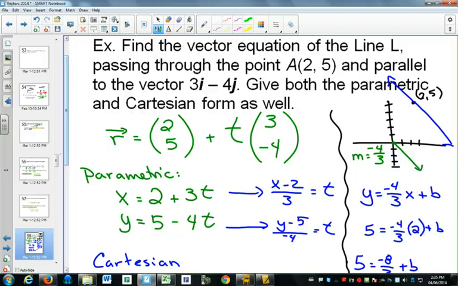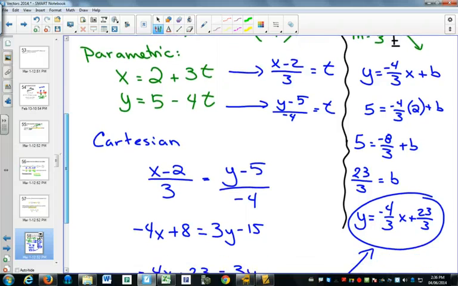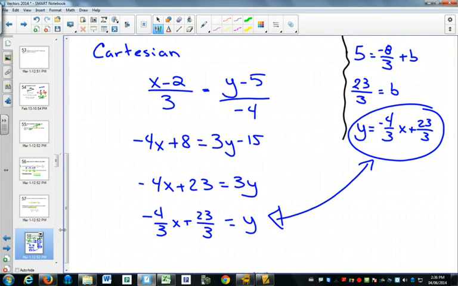Because we have our x on top and y on the bottom, whereas slope was rise over run, and always has the y on top and the x on the bottom. And you get the exact same thing. What's nice about the vector equation of a line is we can also do these same kind of things with three-dimensional objects quite easily. All right, example 1 done.